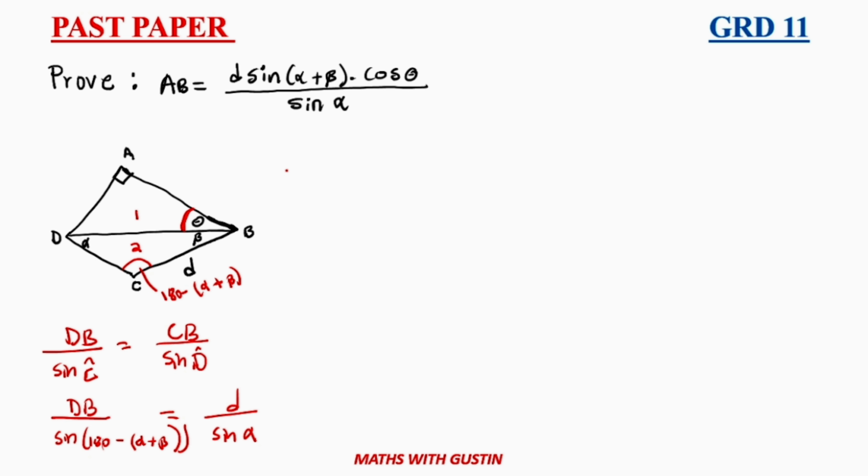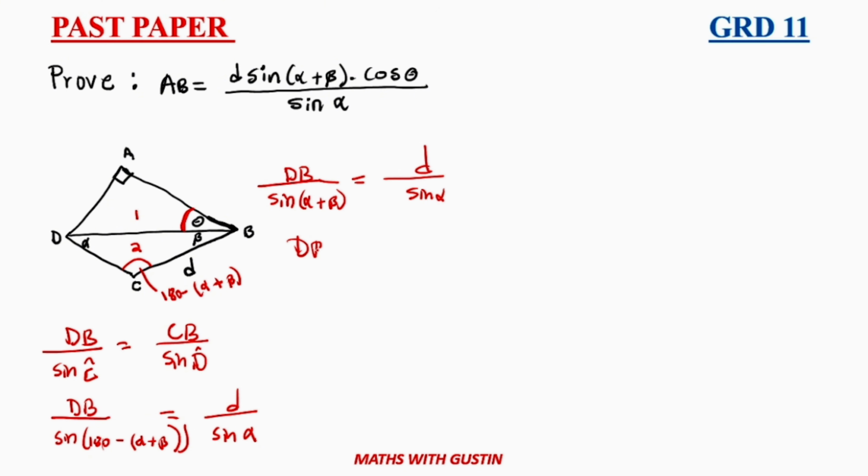All right, therefore it means in this case our DB will be all over sine of whatever is in the bracket. What is in the bracket is alpha plus beta. The sine one integers goes away, therefore this is D all over sine alpha. Therefore we look for DB. In this case, we make DB the subject of the formula.